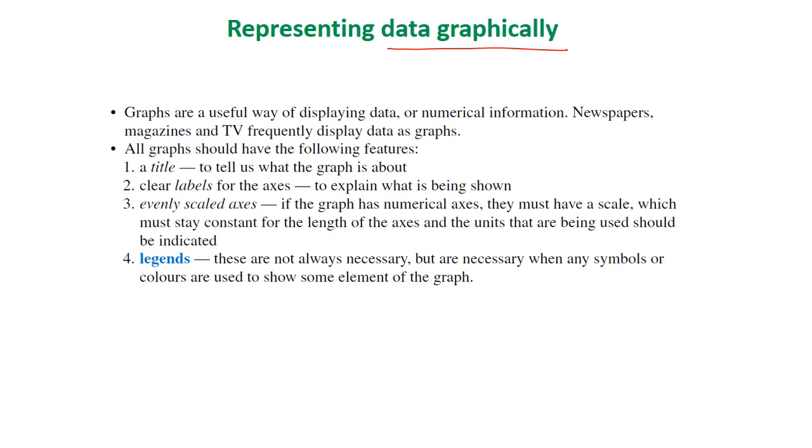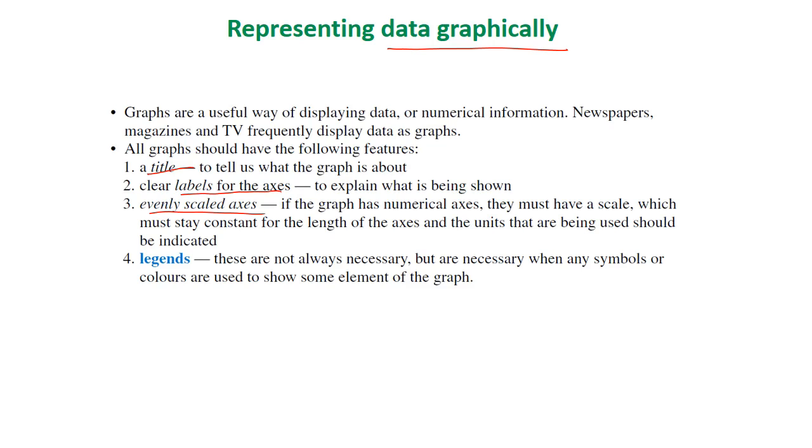Okay, so graphs are a good visual way to display data, particularly numerical information. All right, but when we've got a graph, what we want to make sure is there is a title, because that's what's telling us what the graph is about. We want clear labels on the axes, so what is being shown, it's telling us what's on there.